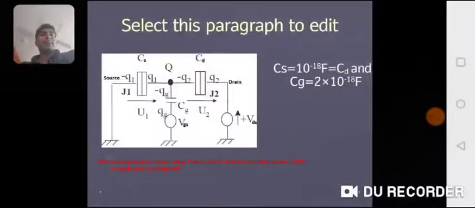This is the basic structure of DNA as a single electron transistor, where Cs represents the capacitance of the source, Cd represents the capacitance of the drain, and Q represents the overall charge accumulated on the island. U1 is the charging potential at the source, and U2 is the charging potential at the gate. VGS is the gate to source voltage.